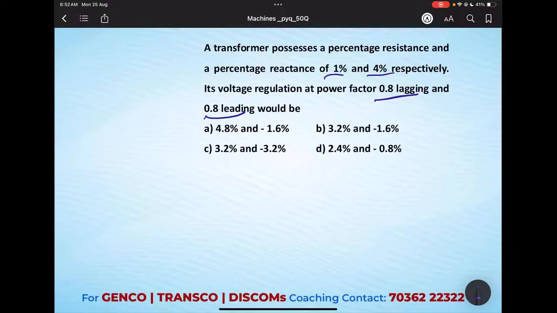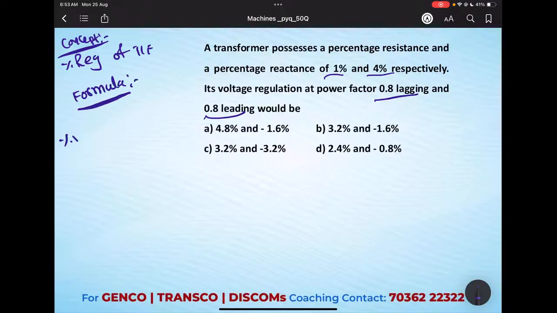So the concept is about percentage regulation of transformer. What are the different formulas we remember regarding percentage regulation? Percentage regulation is given as percentage R cos phi plus percentage X sin phi. In general it will be plus or minus.